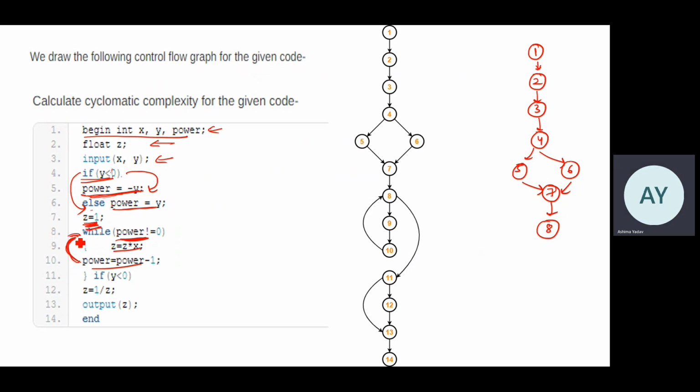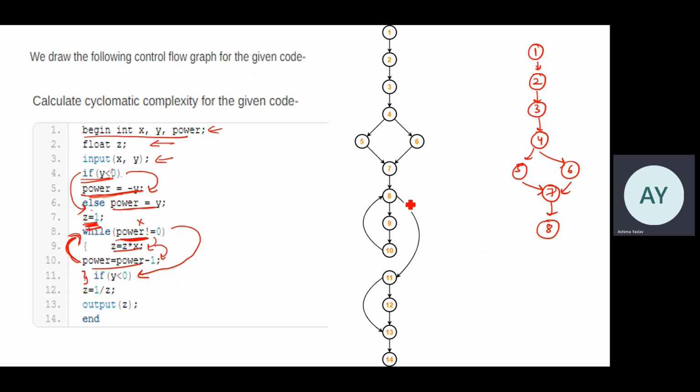Again from 8 you move to 9, then to 10, and then again to line number 8. As soon as this condition is not satisfied, you come out of the while loop. Here the while loop is ending, you can see the arrow.